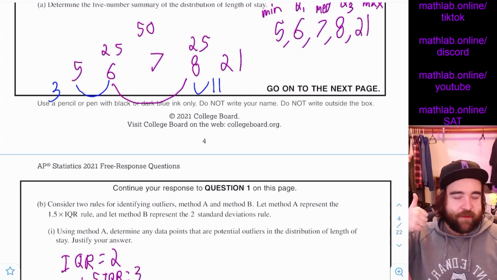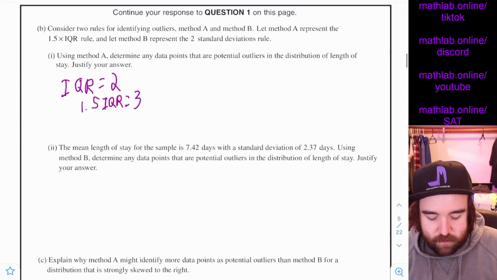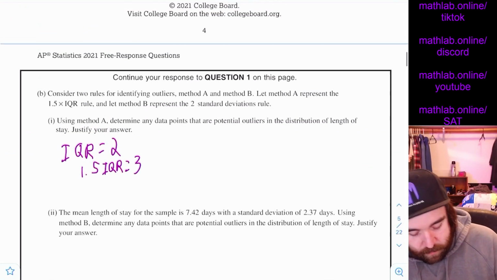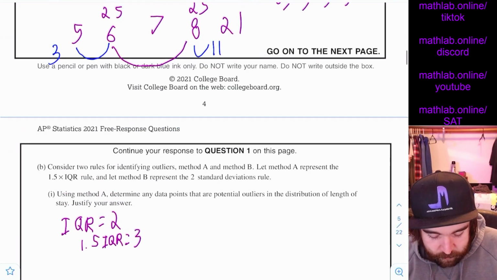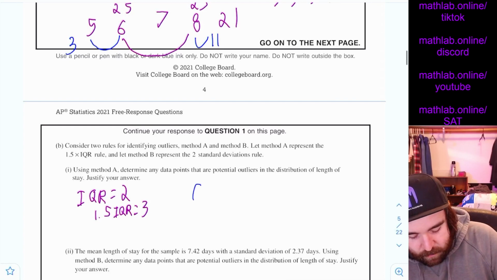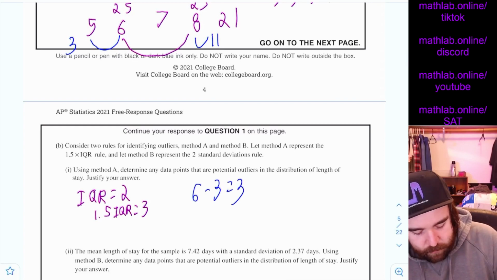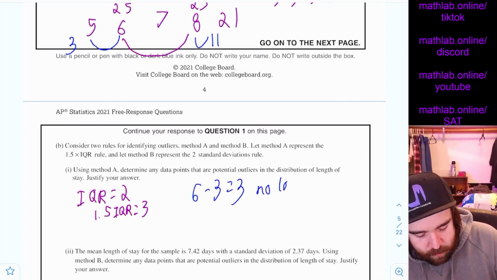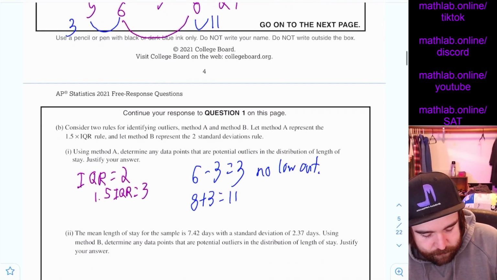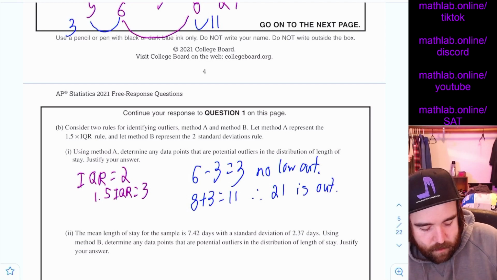Anything higher than 11 is an outlier, which means 21. So let's write what we did here. So we'll say 6 minus 3 is 3. No low outliers. And then 8 plus 3 is 11. Therefore, 21 is an outlier. And that should be good.